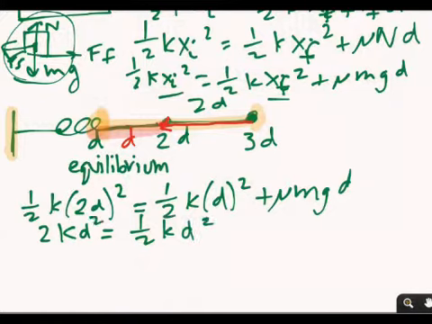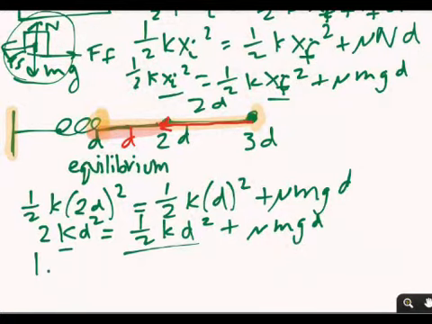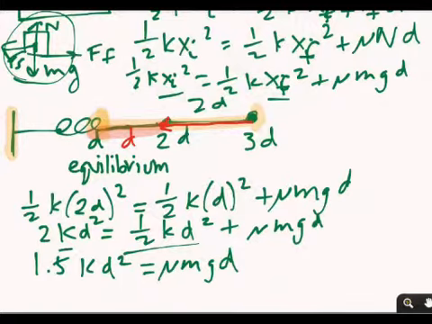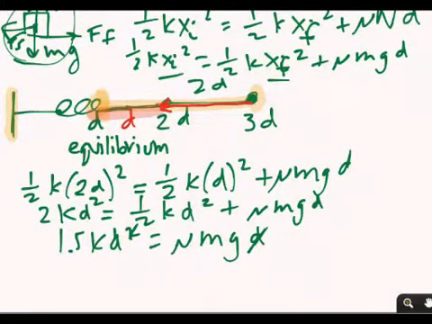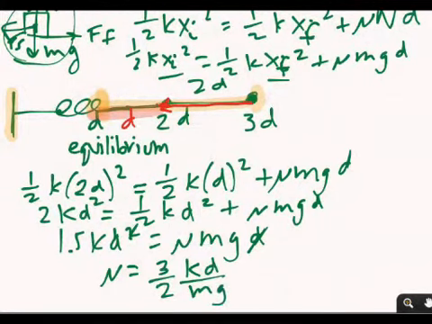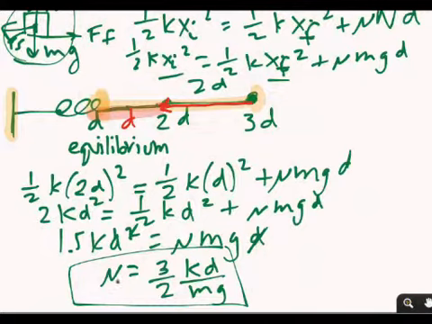Sorry, that was squared also. So it's mu mgd. So subtract, since these terms are the same idea, we get 1/2 kd squared equals mu mgd. So one of the d's cancels, and you get mu equals 3/2 kd over mg. That's your kinetic mu.